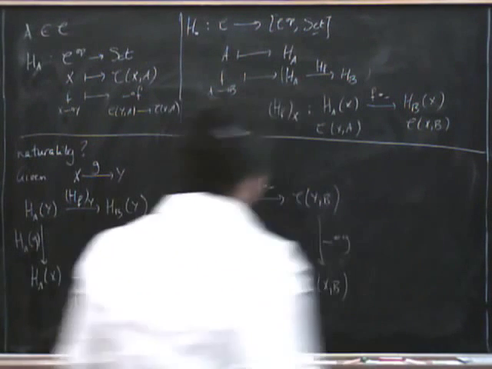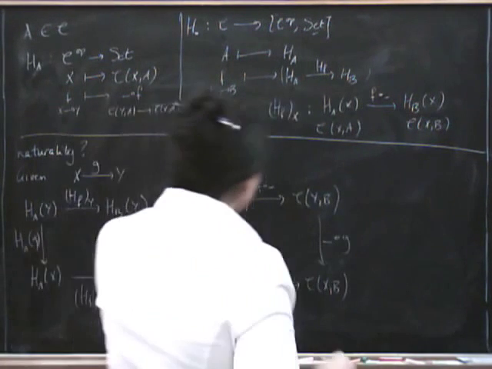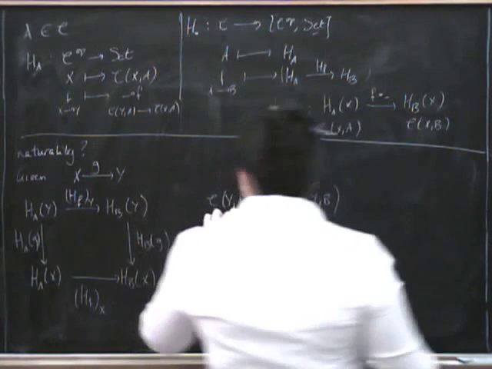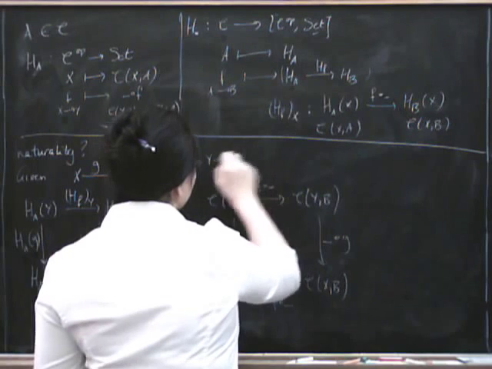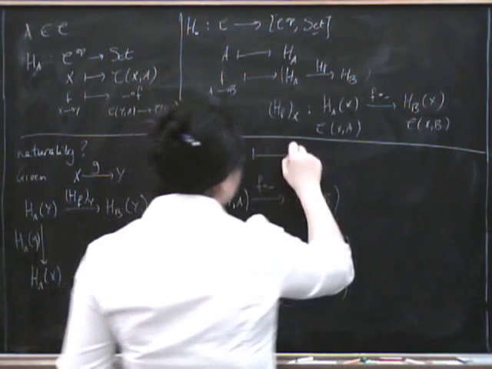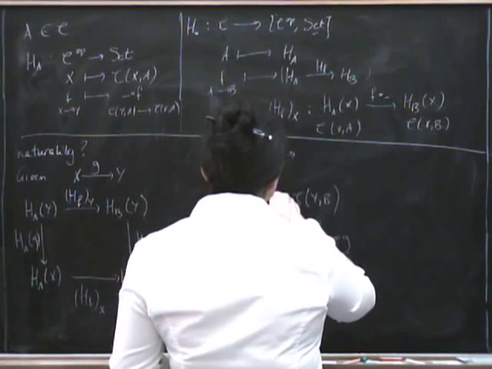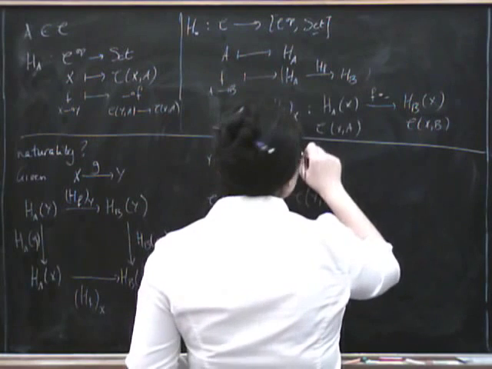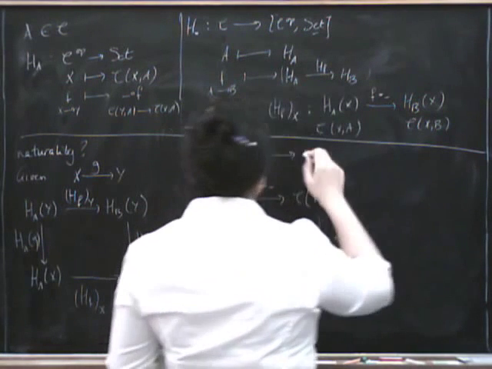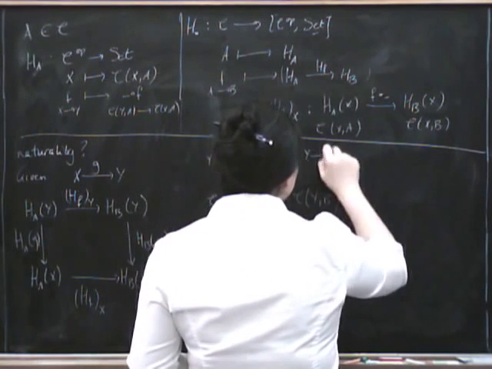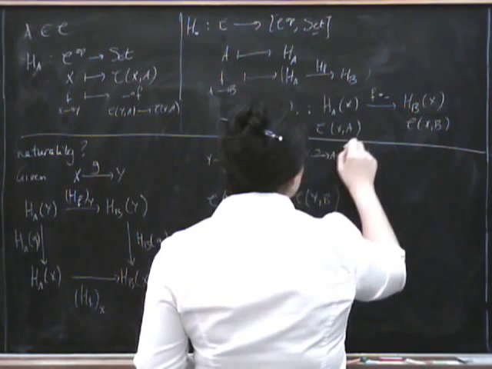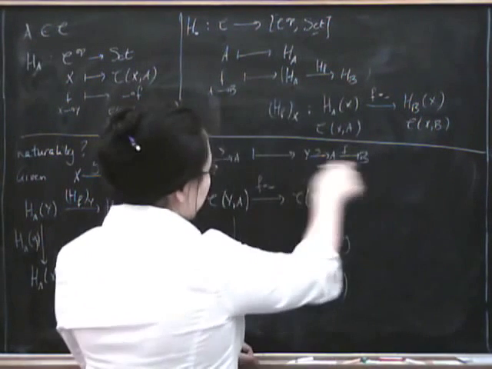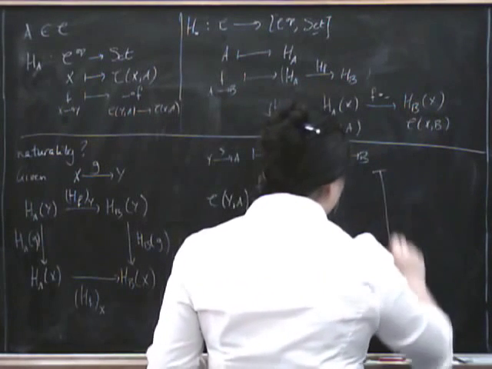And now we can see if this actually even type checks, because we're going to start with a morphism from Y to A. Let's call it S. We're going to send it over here by precomposing it with F. Okay, F goes from A to B, so we're going Y to A to B. That is a morphism from Y to B, and now what happens when we come down here?